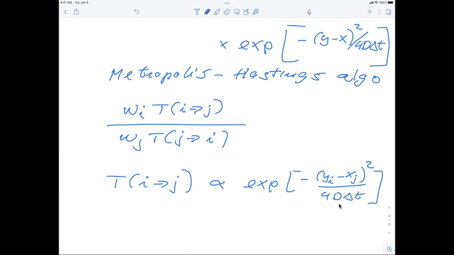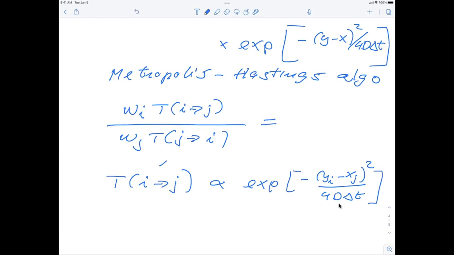Now, if you look at this distribution, what strikes you? If I plug this in here, what would I get as a result? Just take a look at the expression here, and look at the ratio between the transition going from a state i to a state j, and from a state j to a state i. If I take the ratio between these probabilities, what do I get?